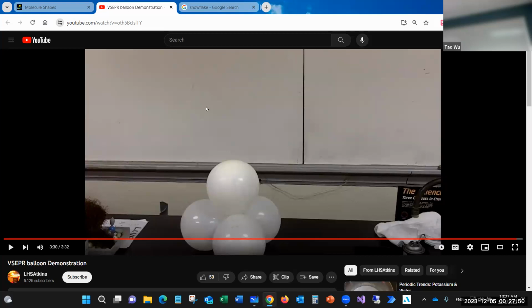That's it. Just like balloons. If you have 4 balloons, you have to make the tetrahedral shape. If you have 3 balloons, then you have to make the trigonal planar. That makes sense, right? Yeah. So this generally is just what you're going to remember.